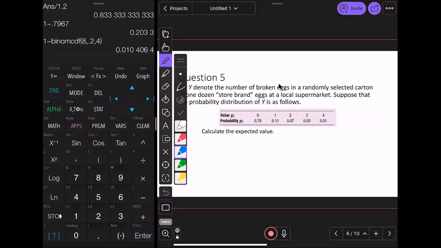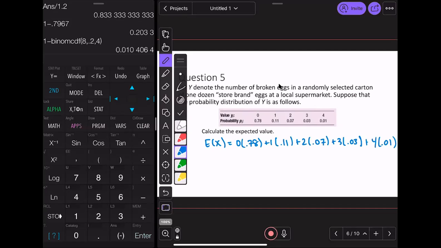So to calculate the expected value, and then I'll show you how to put it in your calculator, you're going to do 0 times 0.78 plus 1 times 0.11 plus 2 times 0.07 plus 3 times 0.03 plus 4 times 0.01.